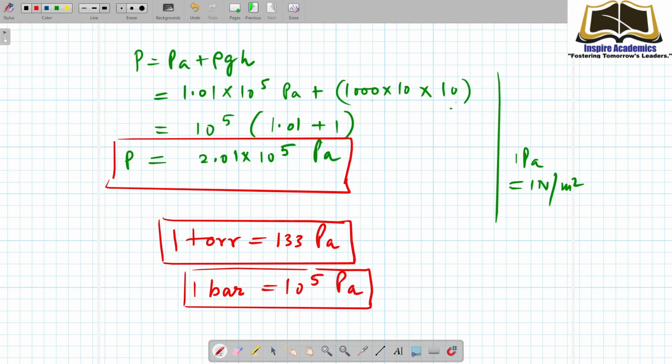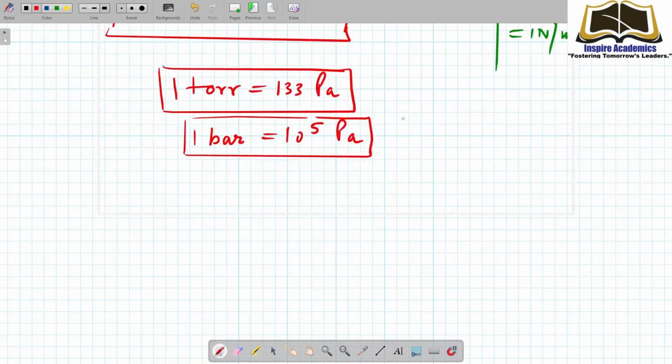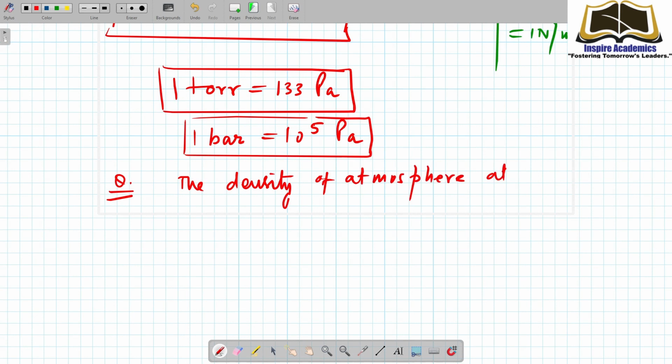All right. Now let us try to write and solve a couple of problems. Let's say the density of the atmosphere at sea level is 1.29 kilogram per meter cube.